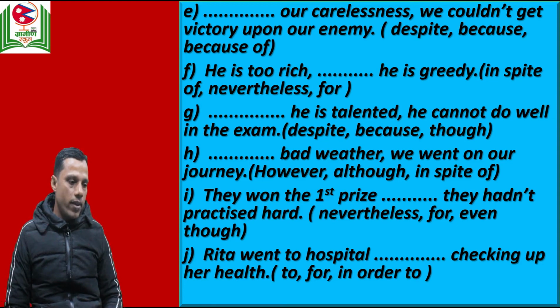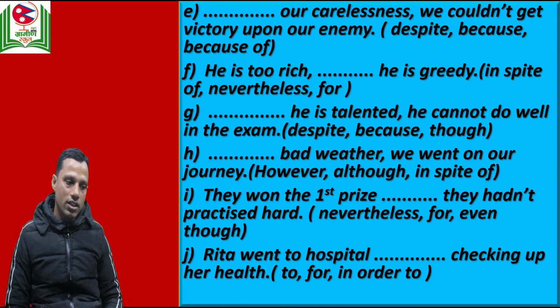Number 8. Bad weather, we went on our journey. We have the options: however, although, in spite of. So you can notice, bad weather. After the blank space, we have a noun phrase, right? So with a noun phrase, which connective is used?